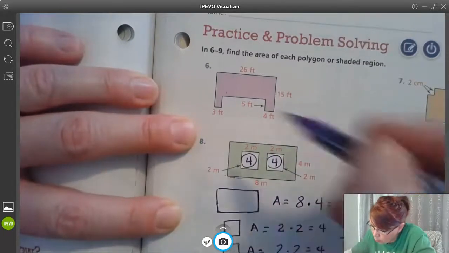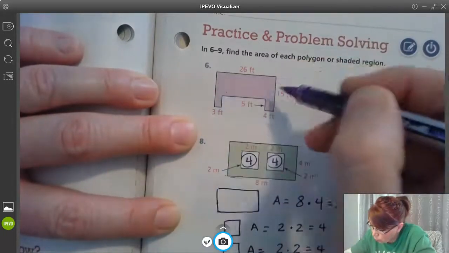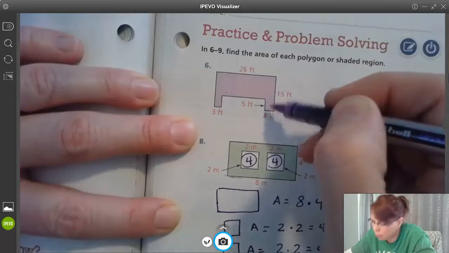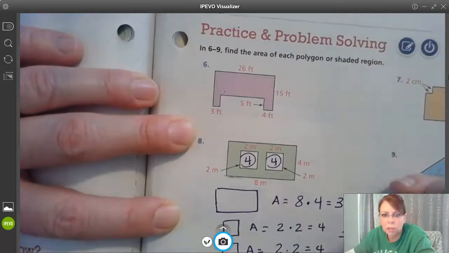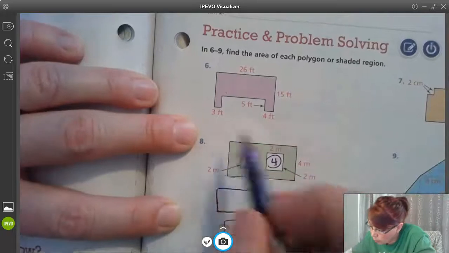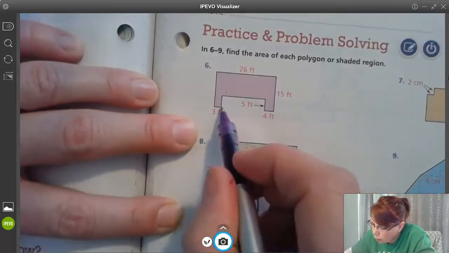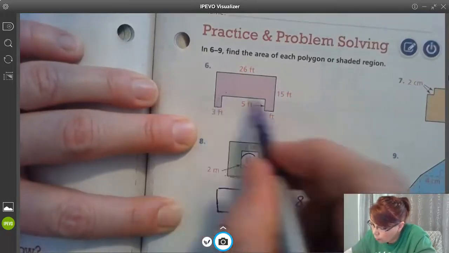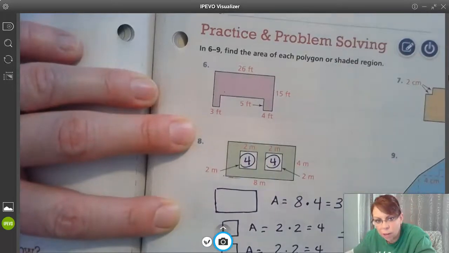you have a couple different ways that you can divide it. We could divide it long ways right here and make these two long rectangles on the end. Or you could cut it right here and have two small rectangles.